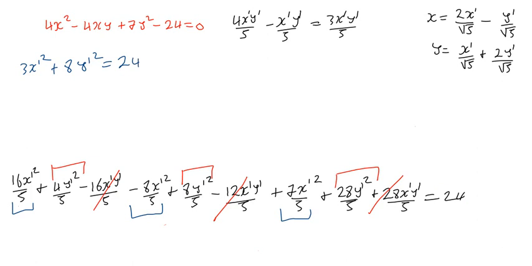So write the standard equation, multiply both sides by 1 over 24. So 3 into 3 is 3, then 3 into 24 is how many times? It's 8. So this is just going to give you x prime squared divided by 8 plus, 8 into 24 is 3 times, y prime squared divided by 3 is equal to 1.